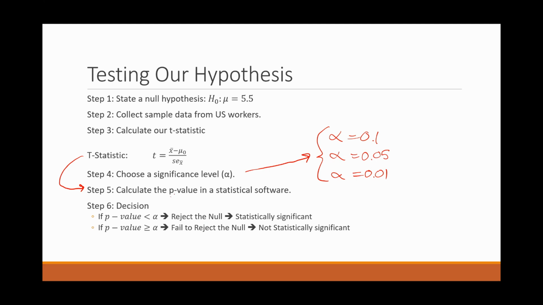If your p-value is less than your chosen alpha, you reject the null. If your p-value is greater than or equal to your chosen alpha, you fail to reject the null. In statistics language, if you reject the null, you conclude that whatever you find is statistically significant. And if you fail to reject the null, you say that whatever you find is not statistically significant.